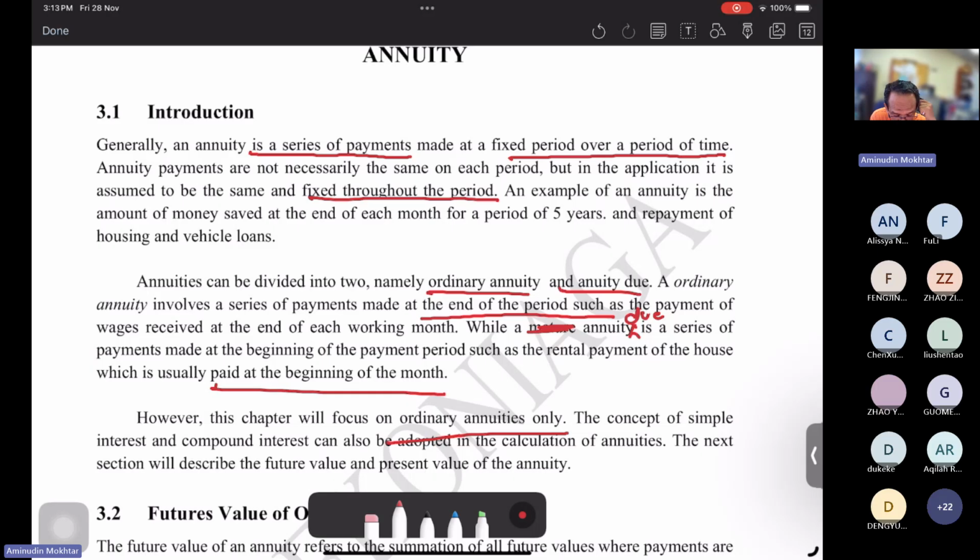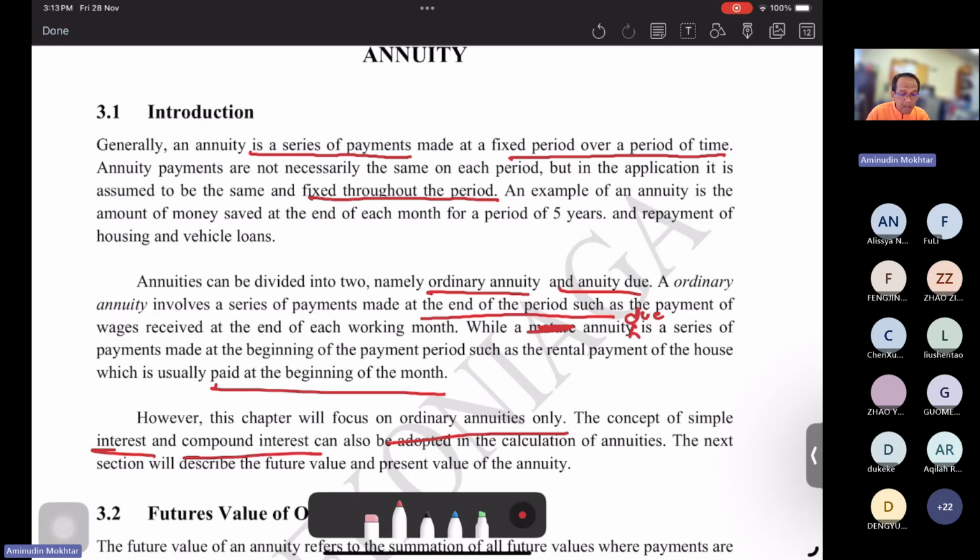In order to explain the concept of ordinary annuity, we will again apply the concept of simple interest and compound interest. Basically, there is still simple interest or compound interest that we learned yesterday, but in this case, we have more than one compound interest.